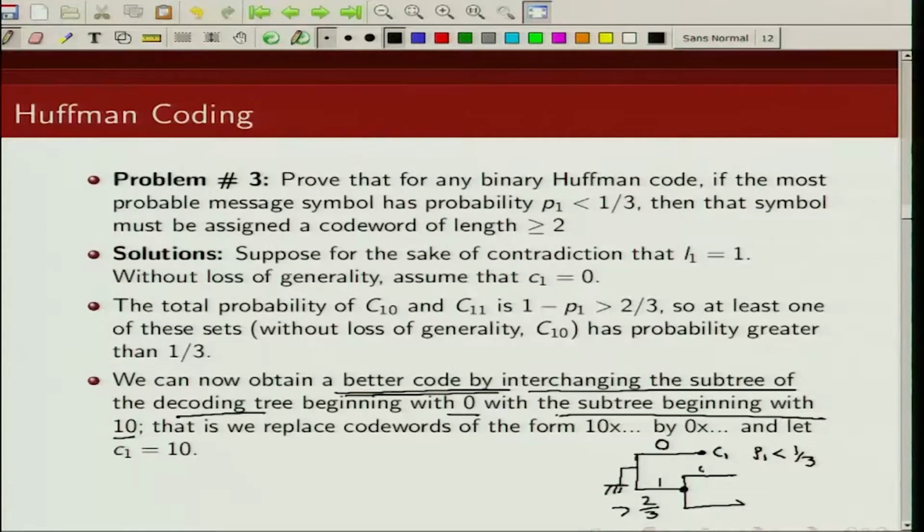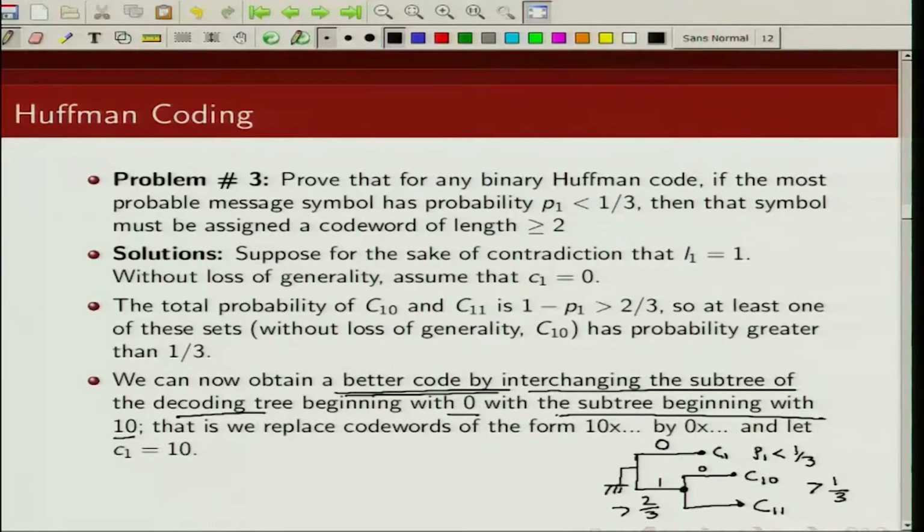In other words, either C10 or C11 should have probability greater than 1 by 3. Now if that is the situation, then we can reduce the expected code word length by interchanging C1 with C10 or C11, whichever has probability greater than 1 by 3, right?